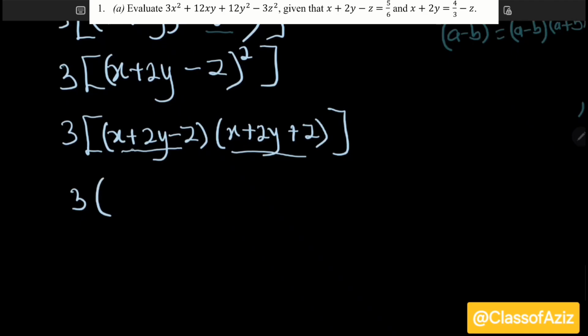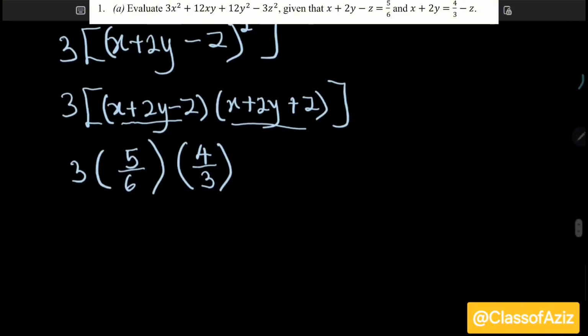The question says that x plus 2y minus z should be 5 over 6, right? And then it also says that x plus 2y plus z can be written as 4 over 3, right? So now we've substituted it, right?